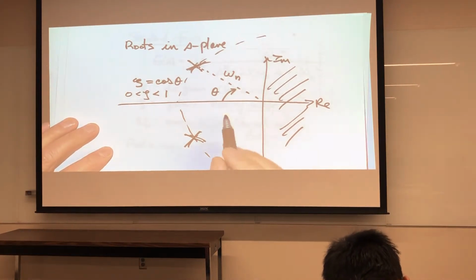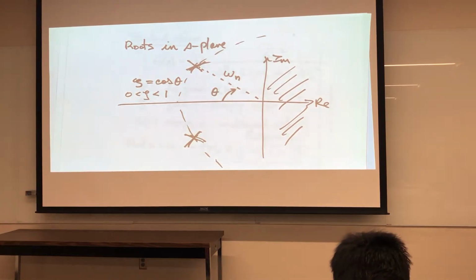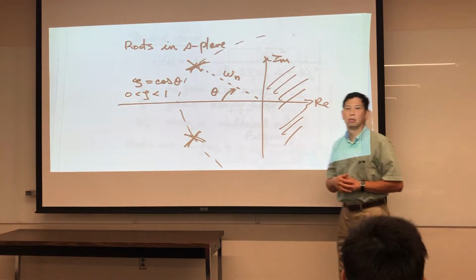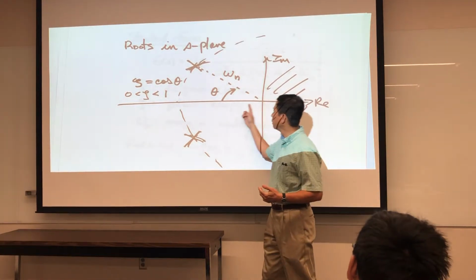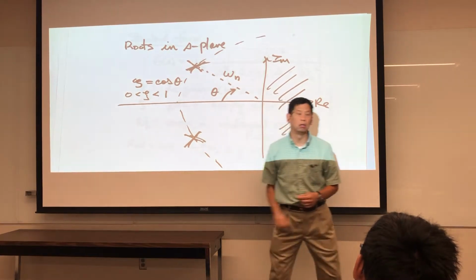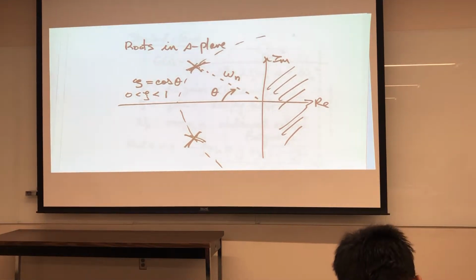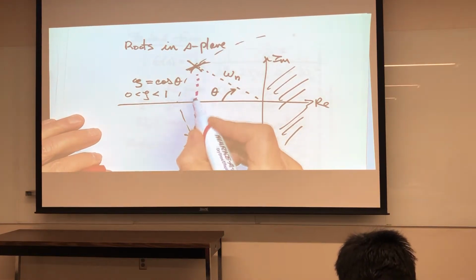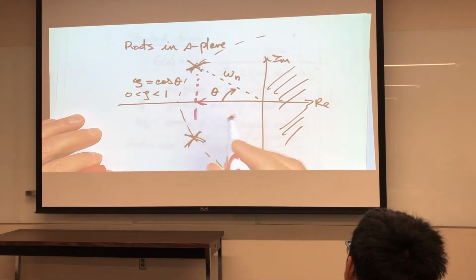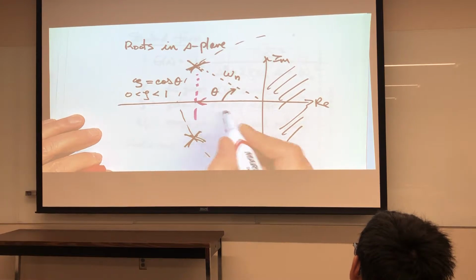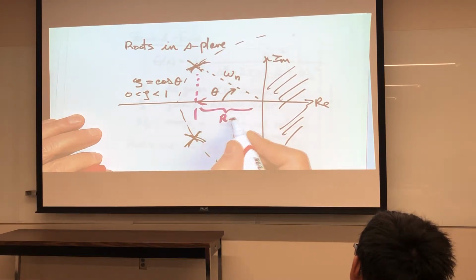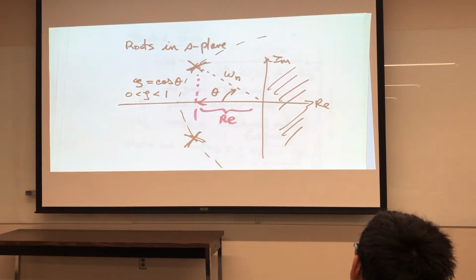Now, let's take a look at another way we can represent where these x marks are. We don't have to use polar coordinates. We can use rectangular coordinates. I can say, how big is this distance from here to here? Let me try to do that with maybe a red marker here. I could be interested in this real distance here.